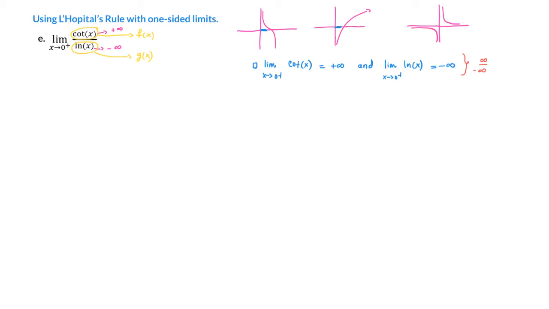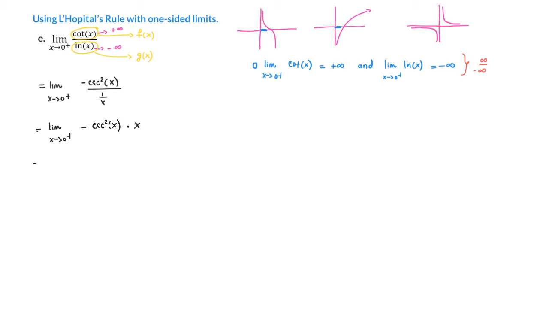So moving to the left here, this will be equal to the limit as x approaches 0 from the right. The derivative of cotangent is negative cosecant squared of x divided by 1 over x. Then this is going to give us here the limit as x approaches 0 from the right of negative cosecant squared x times x.